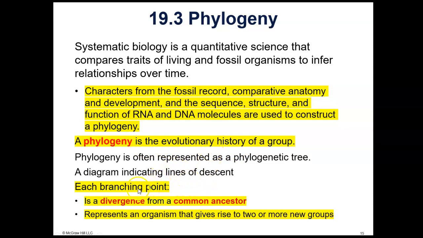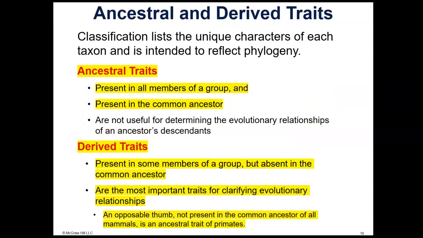Now, every time there's a branch in the phylogenetic tree, we call that a divergence from a common ancestor, and it represents an organism that gives rise to two or more new groups. Now, for the traits that we use in phylogeny, the ancestral traits are present in all members of the group and the common ancestor.